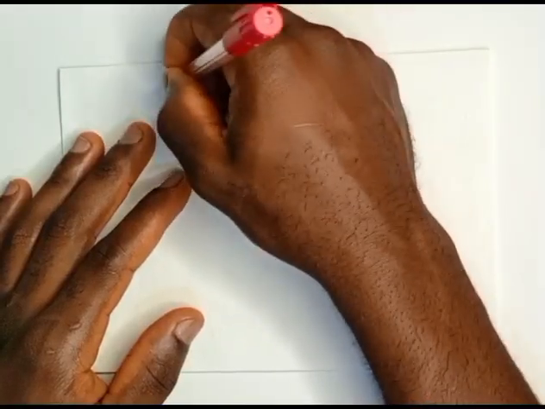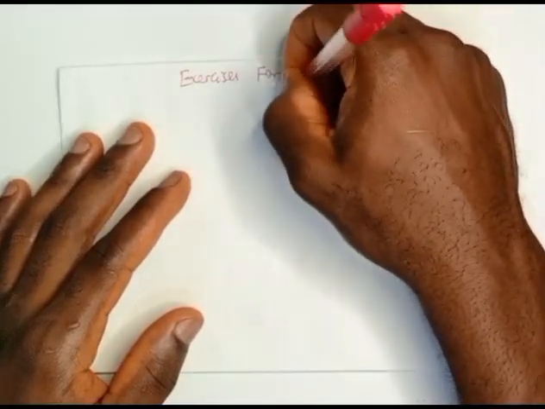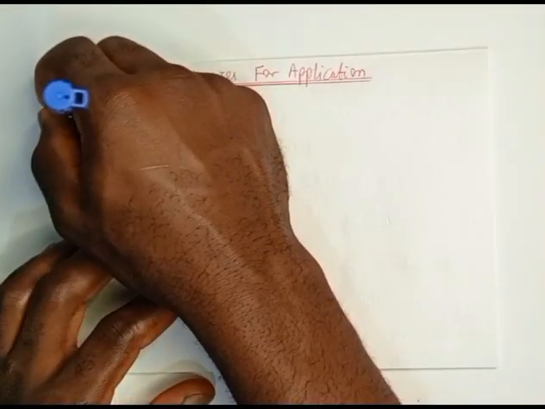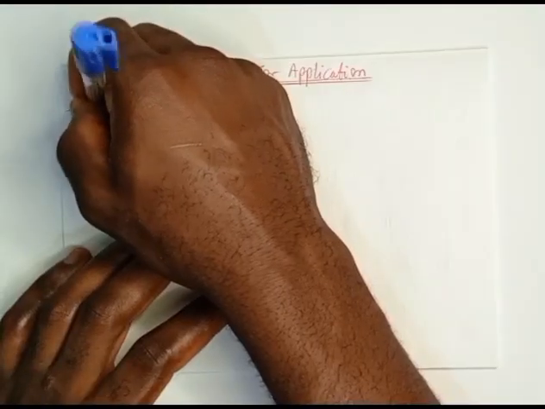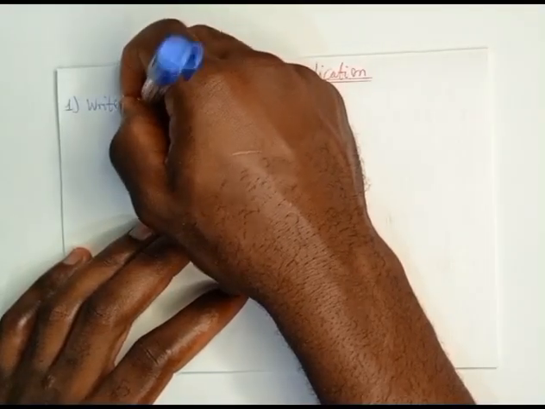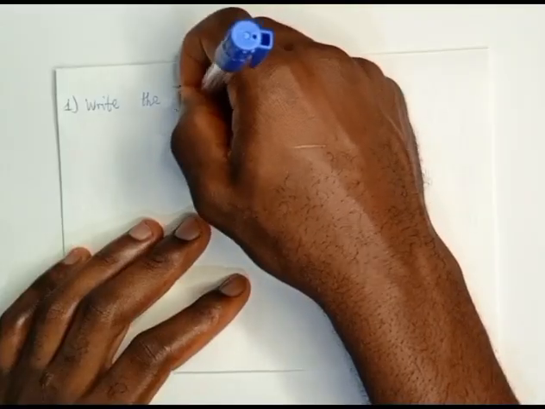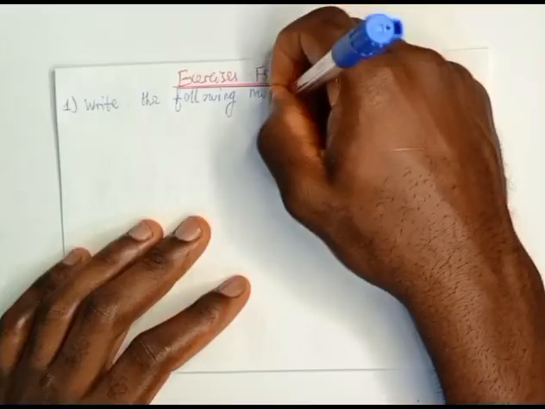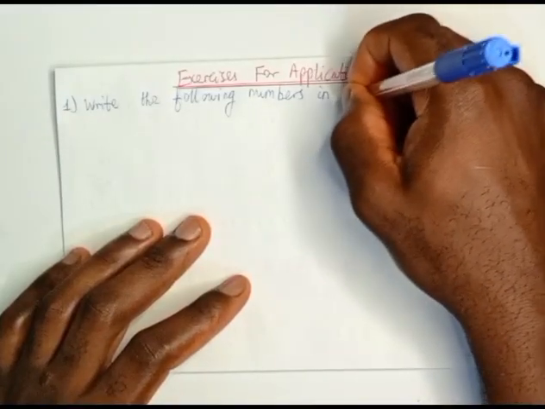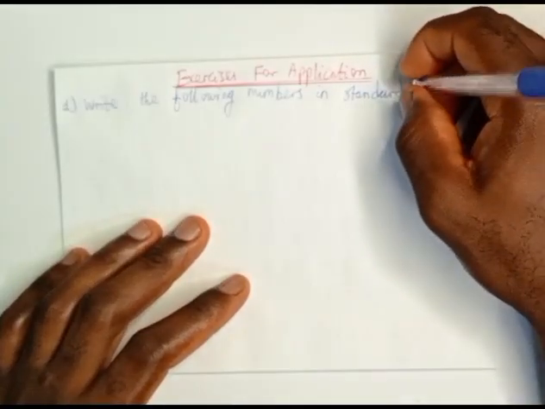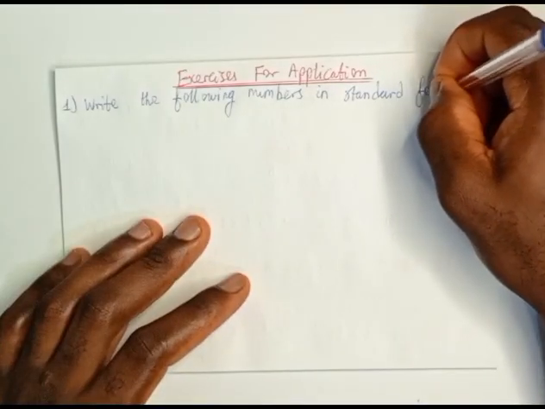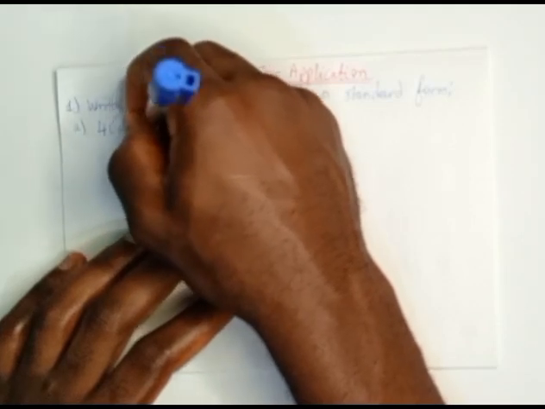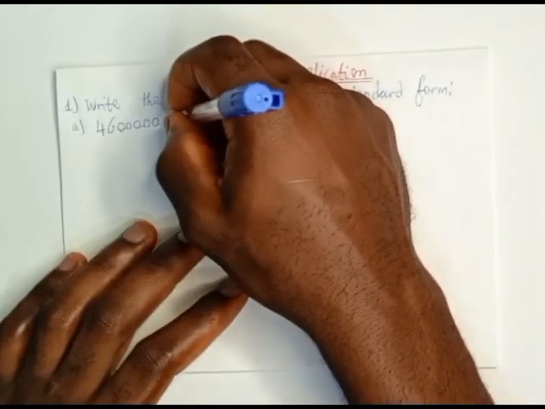Question 1: write the following numbers in standard form. A, we have the number 4,600,000.